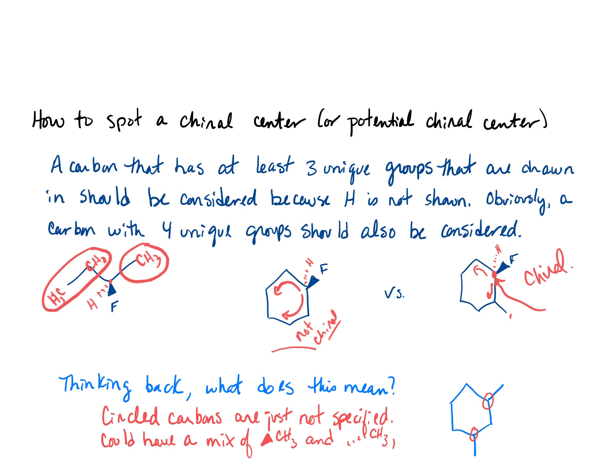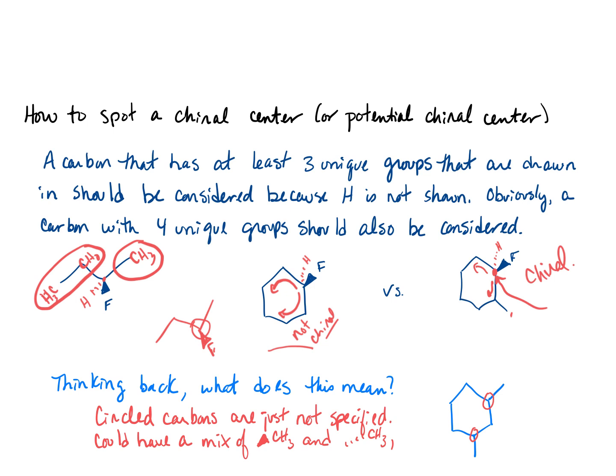So if you have three different things coming off of a point, whatever that may be, and you can circle it and either come up with a peace sign or a Mercedes sign or whatever you want to think of that as, then that's something to at least check out. We've talked already, though, about things that kind of looked like that. So what does it mean when you just have a straight line on those? Well, what that means, generally speaking, is that we have not designated a specific handedness to that particular substituent yet.